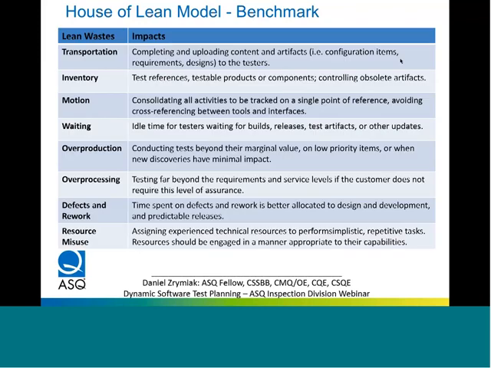So in the case of software testing, I've identified the key waste categories and what they mean in a typical software test project. Now, software testing is not like manufacturing. We have physical documents, but a lot of it is electronically provided, so you're not having a warehouse, so to speak.